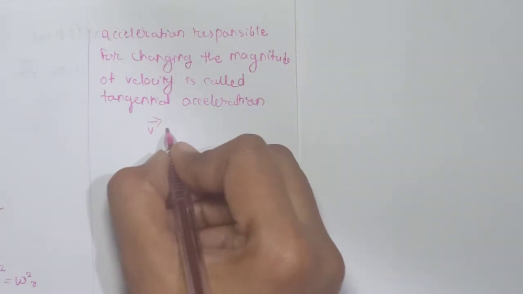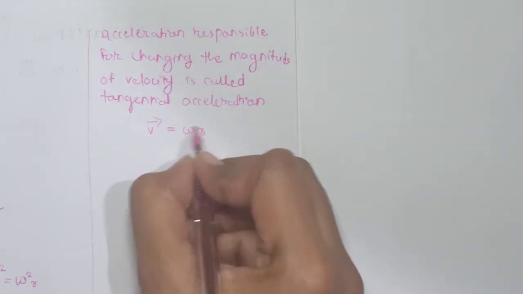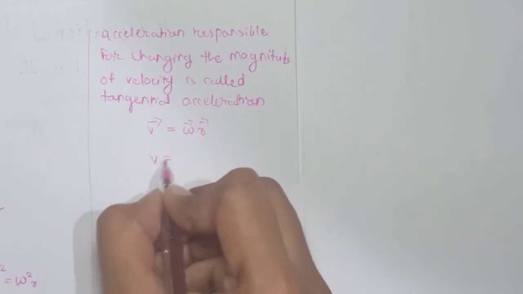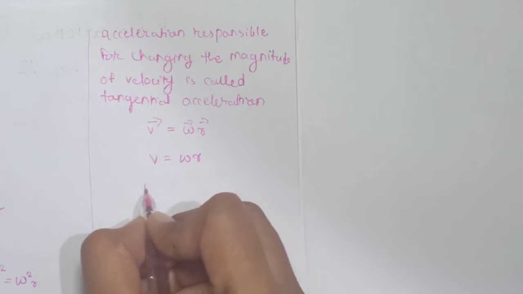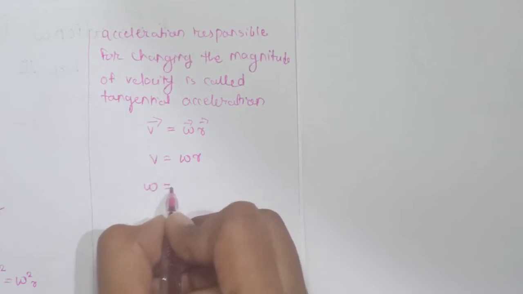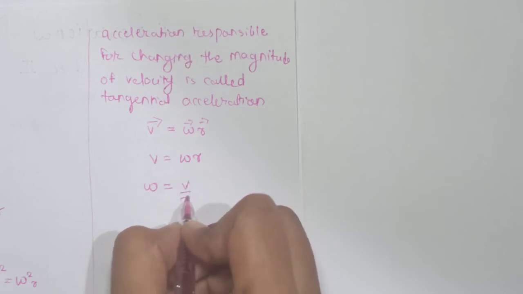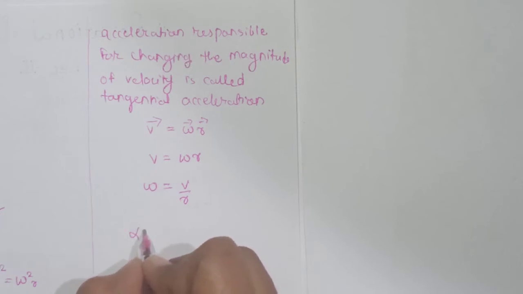That relation can be given by vector v equals vector omega cross vector r, or in terms of magnitude, v is equal to omega r. So the angular velocity is given by omega equals v by r. This change is due to angular acceleration, denoted by alpha. So alpha stands for angular acceleration.